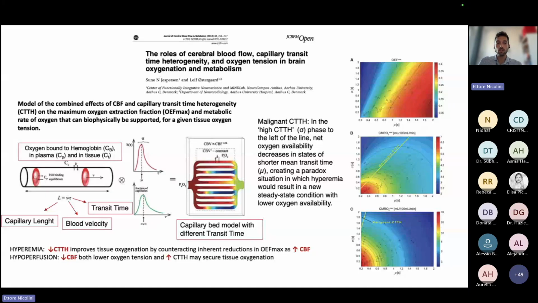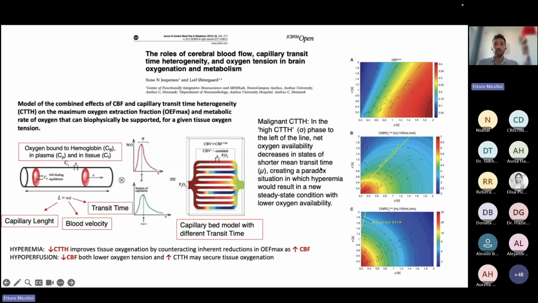So after creating this model, Ostergaard and Jespersen tested it with different cerebral blood flow and CTH values. It is what we see in these images on the right side.